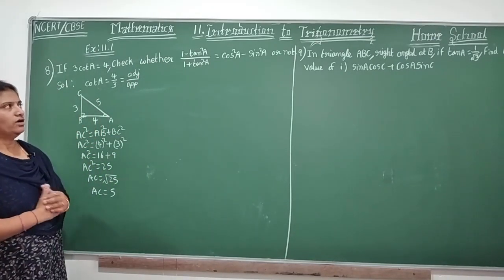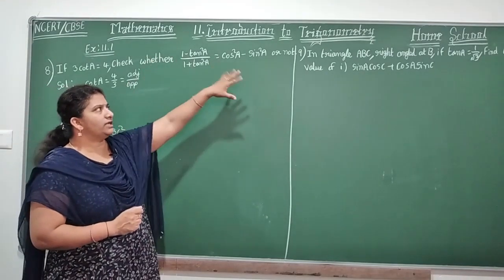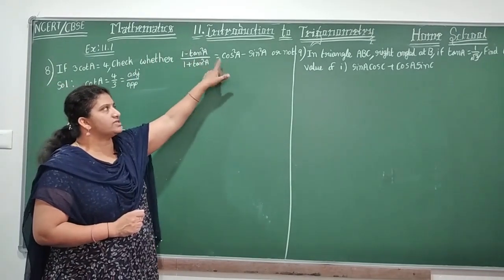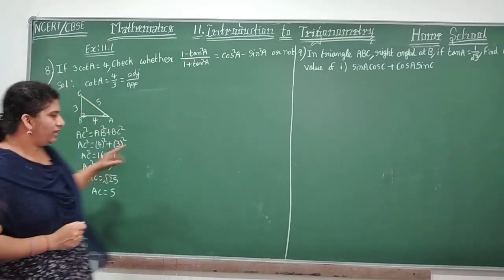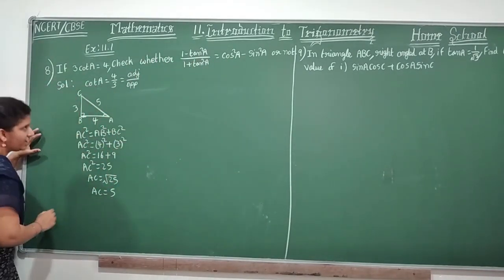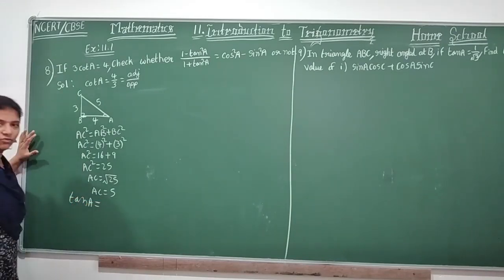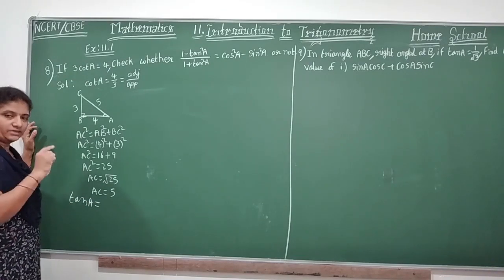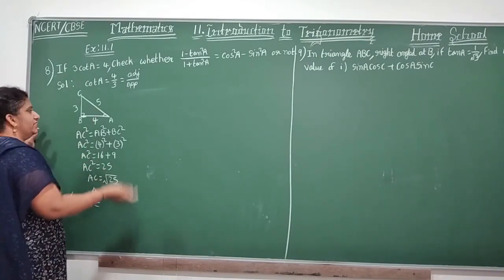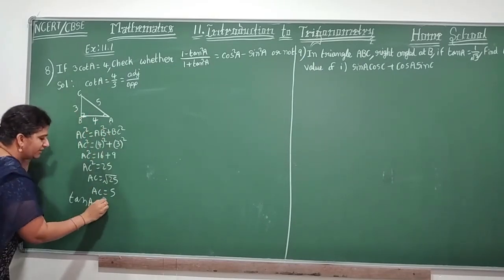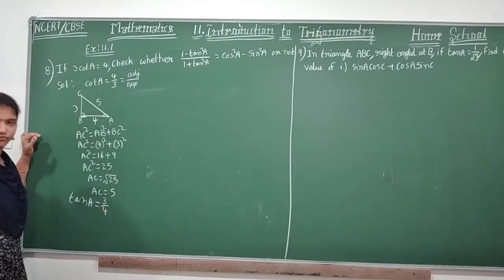Now, let me observe what all the terms are in this question. You need tan A, cos A, sin A. Let's find out here. What is tan A, children? Opposite by adjacent. This is your angle A. Opposite by adjacent will be 3 by 4.